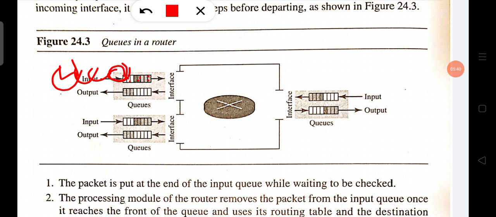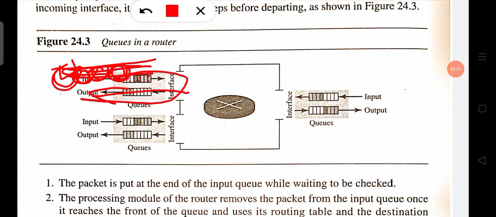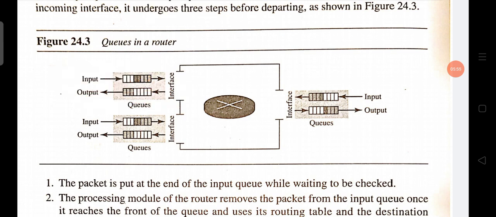The same queuing happens in the output as in the input. So because of this queuing process, congestion happens.